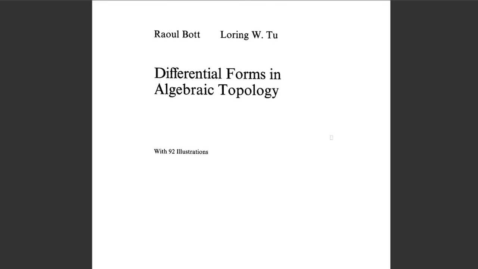So today I'm going to briefly go over differential forms in algebraic topology, just kind of a little bit of a tour. Most people on the first time reading this through just see this algebraic topology thing and they'll be like, yeah, this is a topology book. But not necessarily.